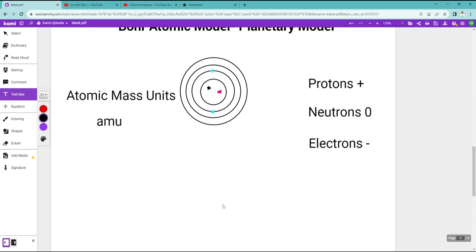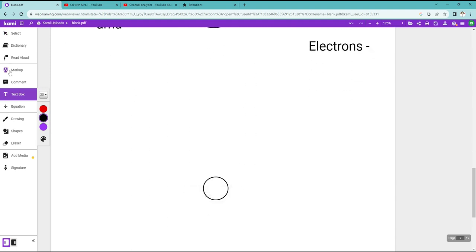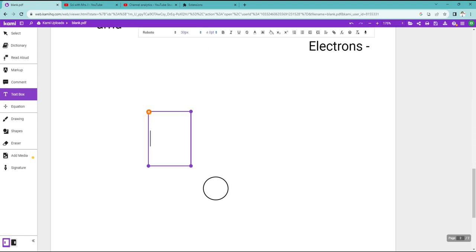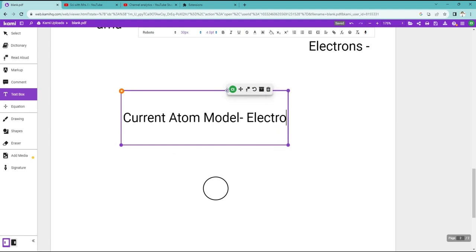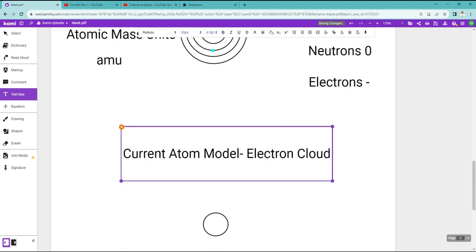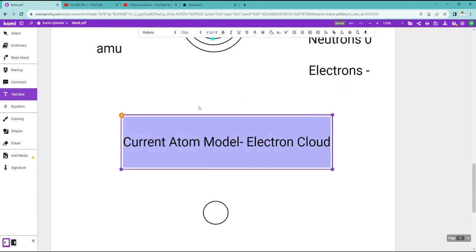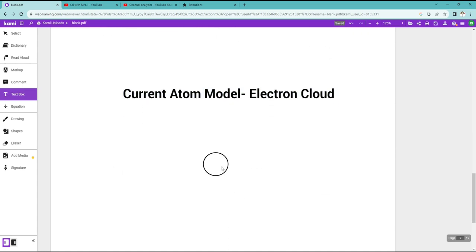Now, we can go down and take a look at the current atom model, which is different from the Bohr atomic model. The current model that we know about is the electron cloud model. It's also known as the quantum mechanic model. With the electron cloud model, the difference between it and the Bohr model is that we're still going to have the nucleus.